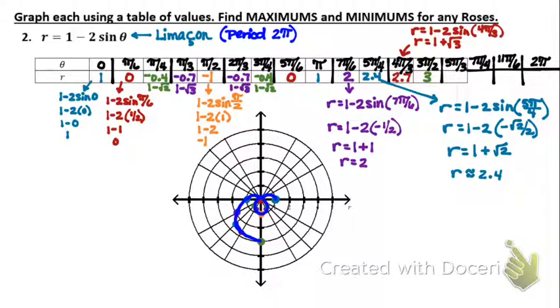When we have an input of 5 pi over 3, what is our output going to be? What's our r value? 2.7, because the sine value for 4 pi over 3 is exactly the sine value for 5 pi over 3. So we're going to see a repeated value here.